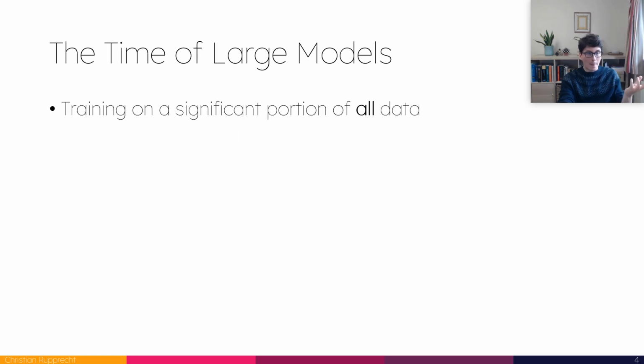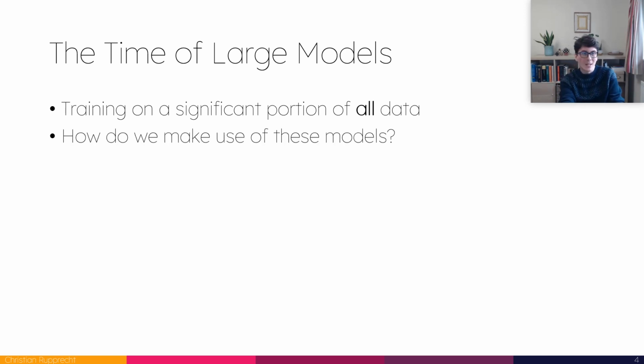Now that we have access to these models, we have to see how we can use them. And one thing that I still find relatively puzzling is that these models have been trained on a significant portion of all the data that is out there. It's probably not all the data, but the portion is very, very large. So how can we make use of these models in a way that allows us to solve tasks more efficiently?